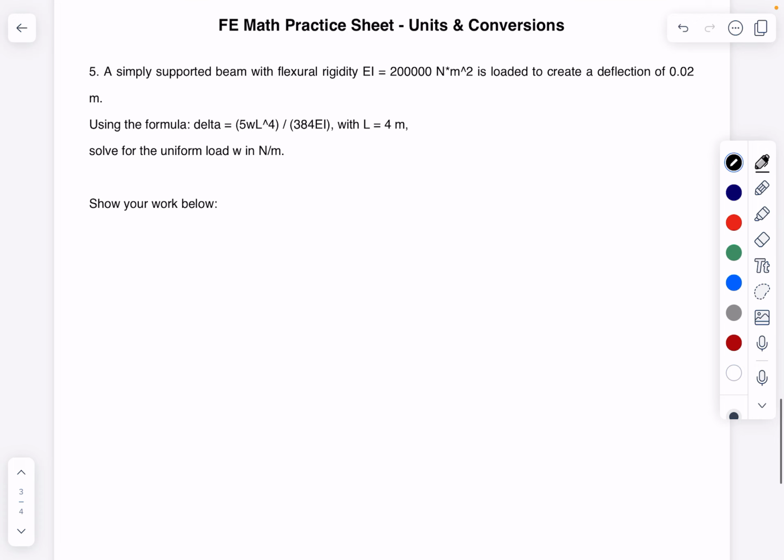Okay. Now this one we're getting a little more engineering. A simply supported beam with flexural rigidity, EI, is 200,000 Newton meters squared, and it's loaded to create a deflection of 0.02 meters.